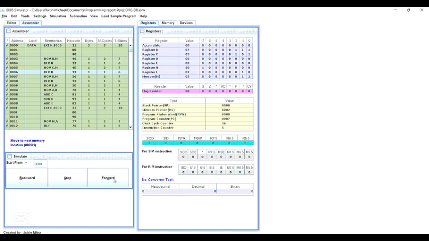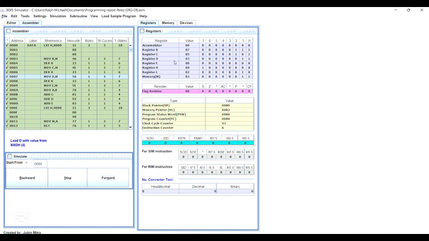Next is move D, load D with the value from 8002H, which is 3. So here register D has a value of 3.